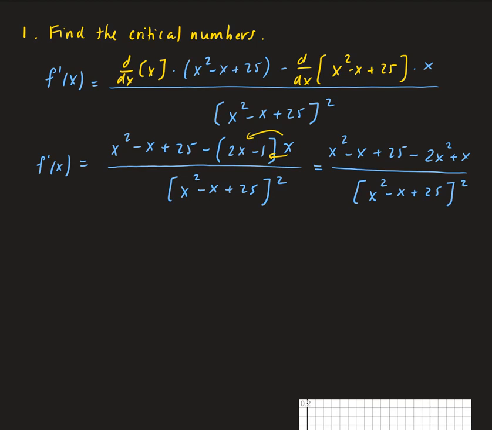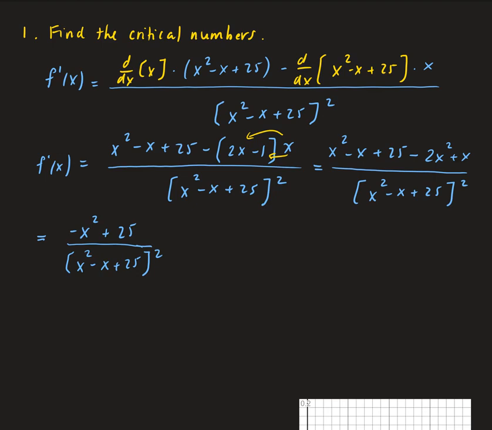And all that's divided by x squared minus x plus 25 squared. So we're going to get minus x squared plus 25, all divided by x squared minus x plus 25 squared. All right. So that's the first derivative.